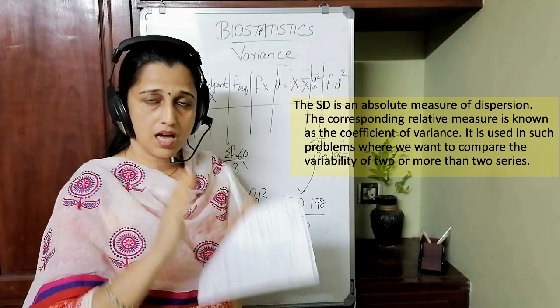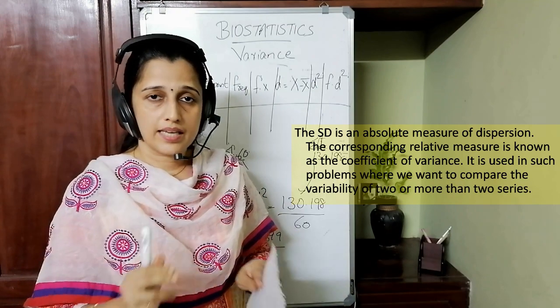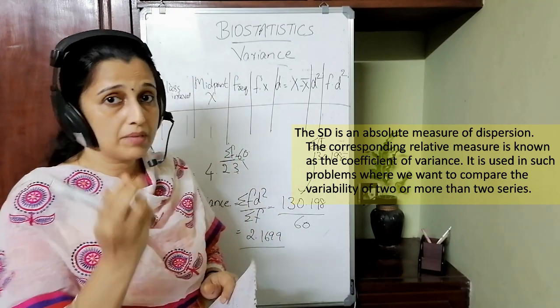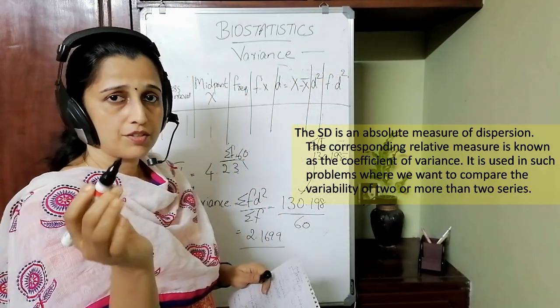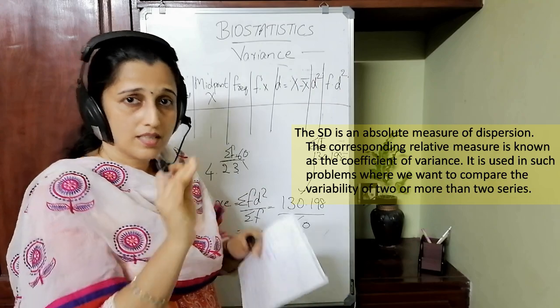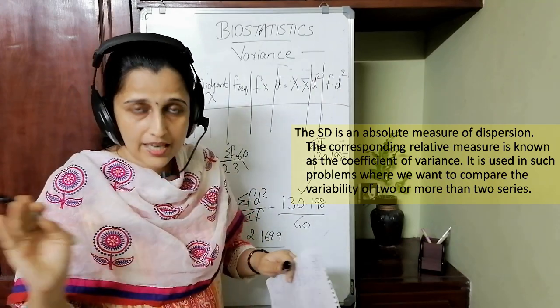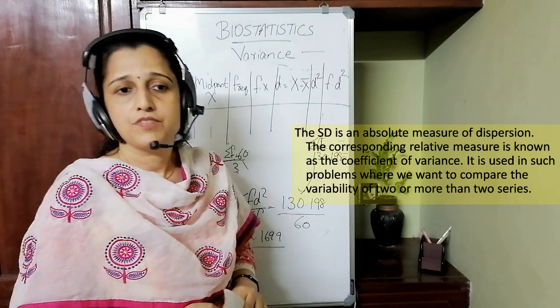Measures of dispersion means how far or how much the data are away from the mean. That is what dispersion is. In the first tutorial itself I mentioned the measures of central tendency, how far each number in the data set varies from the mean. That is known as measures of dispersion.